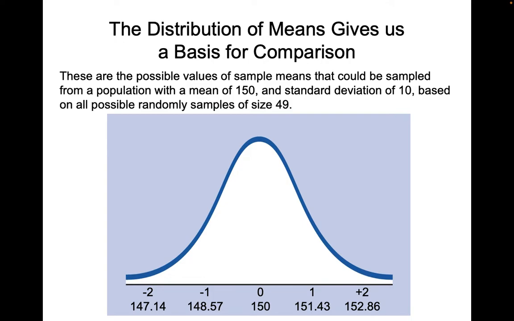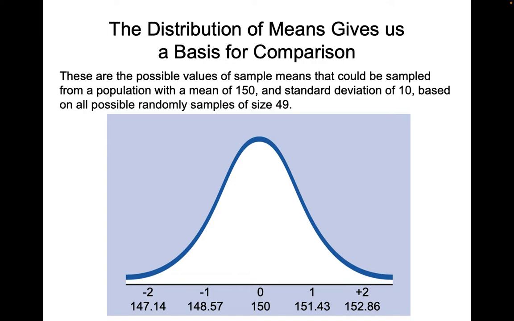But looking at -1 and +1 standard errors away, 148 is a pretty common value, and 151 is a pretty common value. As we get further out in the distribution, a mean of 152 is less common, and a mean of 147 is also less common. So this tells us what we can expect based on a random sampling process.